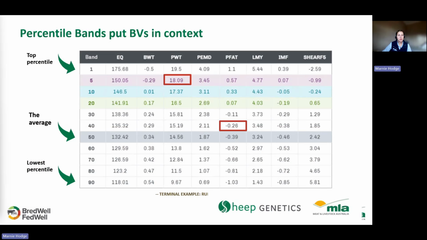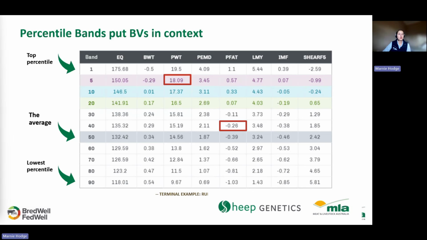If we have a look at the sheep percentile bands, just quickly wanting to run through this one as well, you can find these on the Sheep Genetics website or in sale catalogues. Very quickly, we've got our percentile bands on the left-hand side, and then up the top, we've got our individual traits. This particular example is looking at our terminal percentile bands.